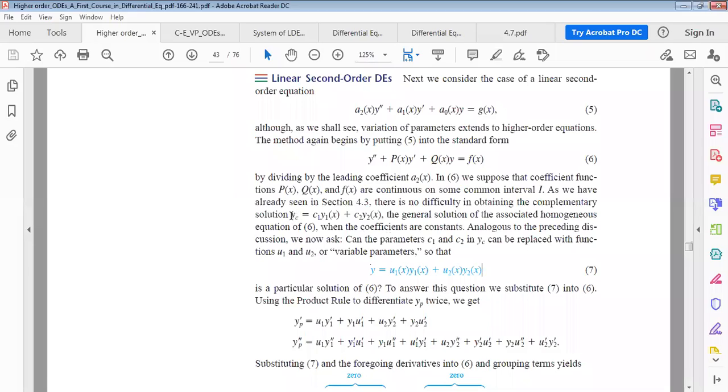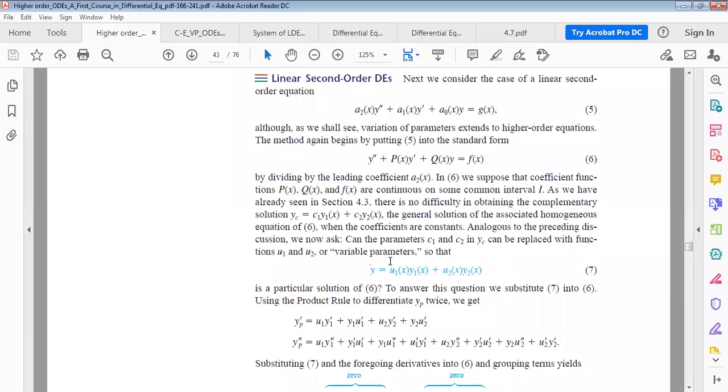Actually, our complementary function, that means the general solution, of these types of differential equations is c1 y1(x) plus c2 y2(x). We have to replace these two parameters c1 and c2. Just replacing these two parameters, we can write the particular solution y equals u1(x) y1(x) plus u2(x) y2(x).